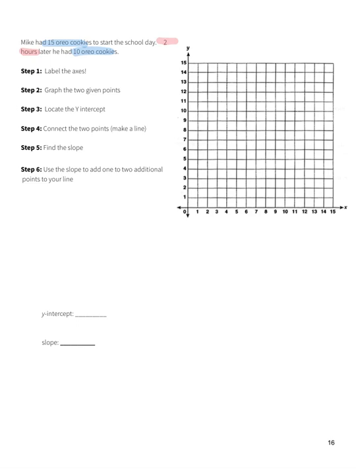Okay. First thing we're going to do is label the axis. So my y-axis is cookies or Oreos, whatever you put there is fine. And then my x-axis is hours.